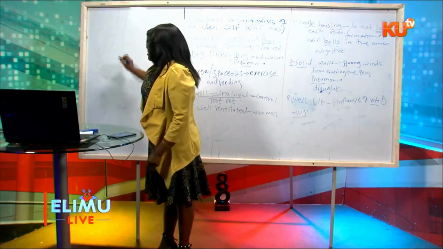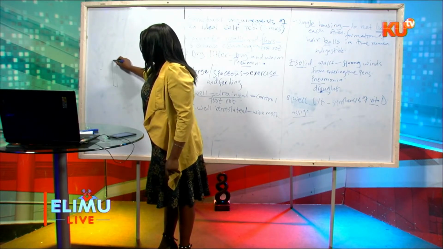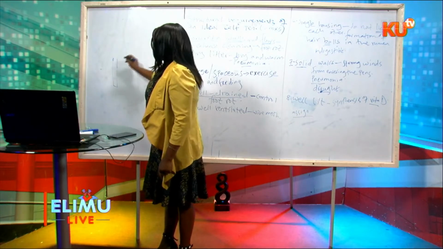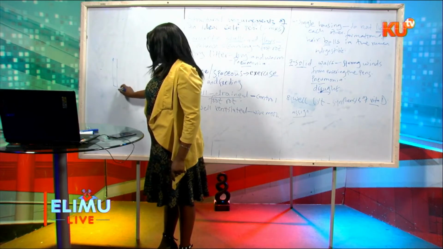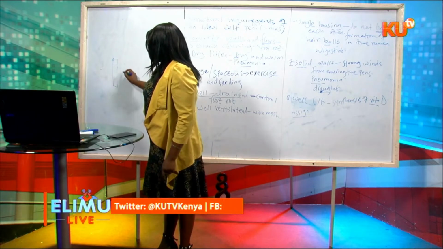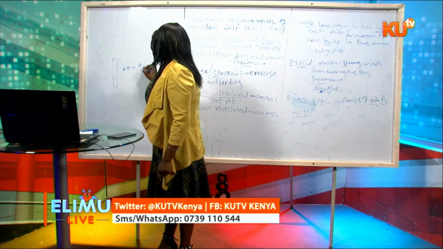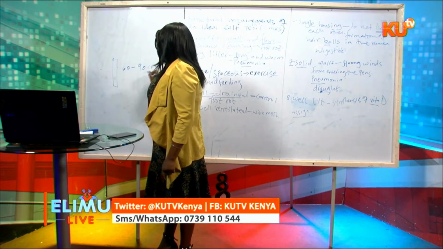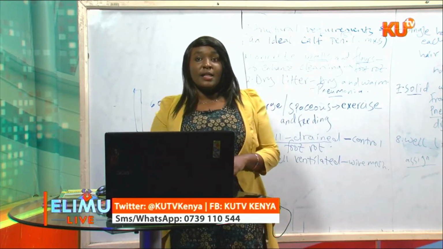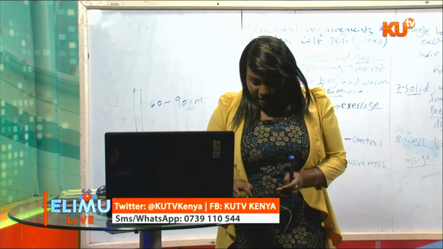If you are planning to do a raised calf pen, especially the permanent raised ones, you should raise it from the ground. The four posts should measure a height of between 60 and 90 centimeters. That is the ideal height for a raised calf pen, the one that we said has slatted floors. Thank you very much, that is a very good question.